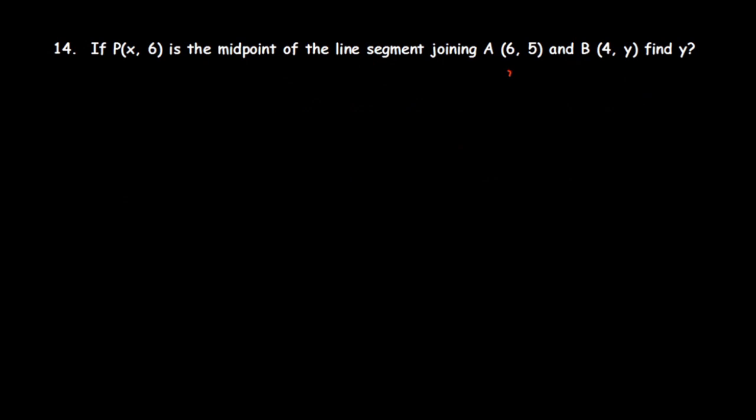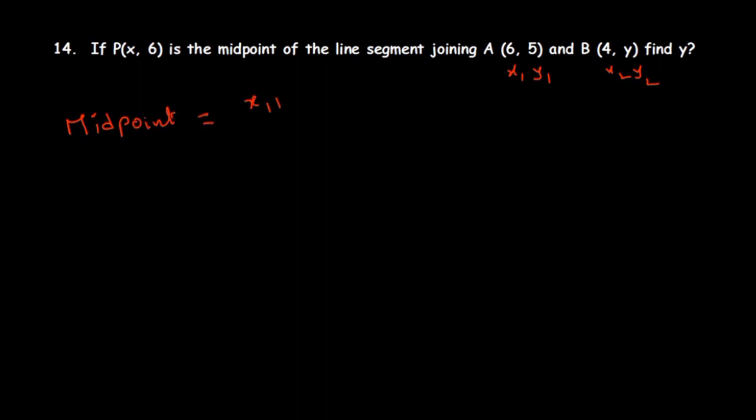If P(x, 6) is the midpoint of the line segment joining A(6, 5) and B(4, y), find y. So if P(x, 6) is the midpoint of the line segment joining, so this is (x1, y1), (x2, y2), take the midpoint formula again. So what is the midpoint formula?